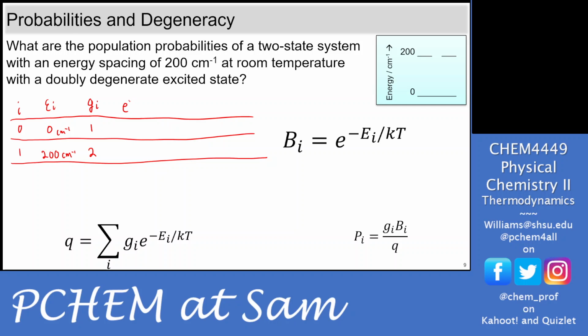The individual Boltzmann factors are going to be 1 times e to the minus 0, which is equal to 1 again. And now we have 2 times that 0.37 from last time, so equal to 0.74.